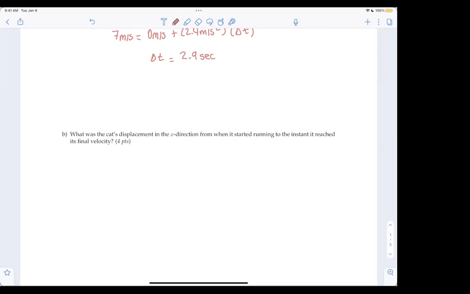So there's two ways you can opt to solve this problem, and that's the beauty of having an equation sheet on the quizzes. You do have access to that. All the quizzes will have an equation sheet, so you don't have to worry about memorizing anything.